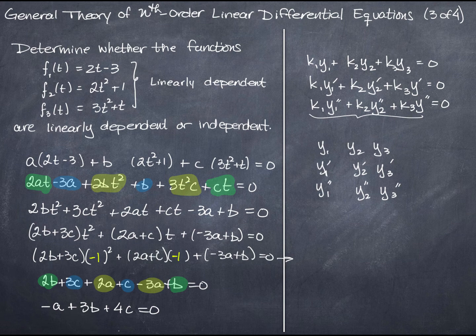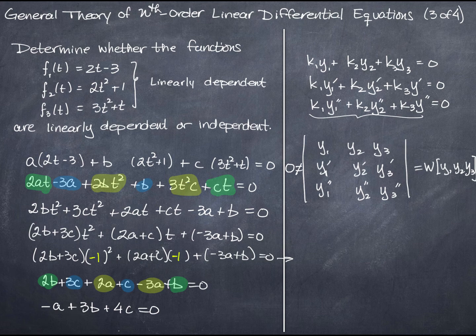And when I take the determinant of this matrix, we call this thing the Wronskian. So this is the Wronskian of y1, y2, and y3. And we want that to not be equal to 0. If it is equal to 0, then my functions y1, y2, and y3 are not independent.